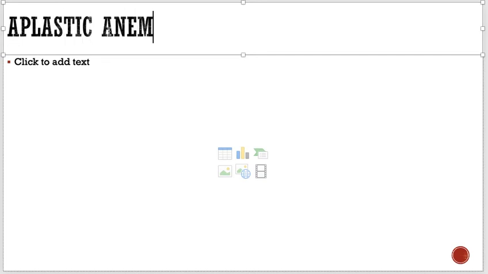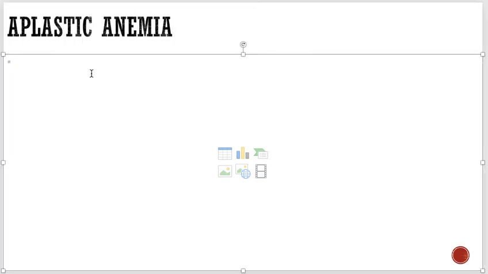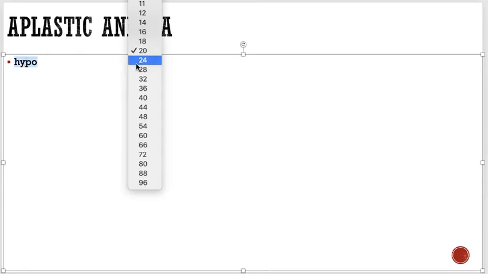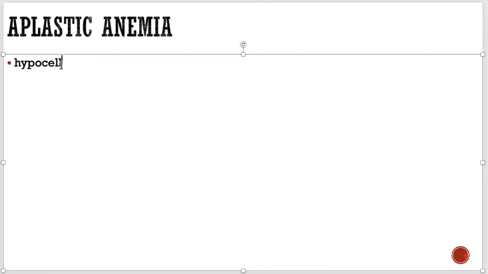Of course, we are going to discuss aplastic anemia first, and the important things I will talk about are the definition, etiology, and so on, the same way we study all the other anemias. So what is aplastic anemia? Simply, there is destruction of all the hemopoietic cells of the bone marrow, or you can say the bone marrow becomes hypocellular.